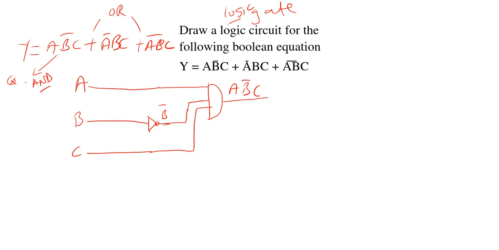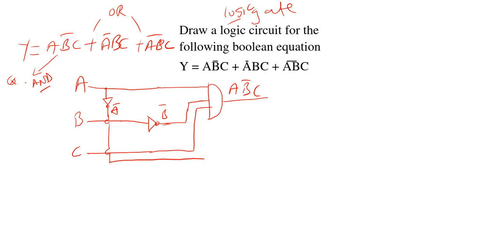After that, we go to the second term where A is complemented. So we can take A from this point and negate it to get A complement. Then this A complement, we shall join it with B and C when they are not complemented.